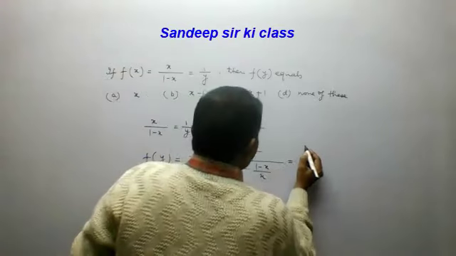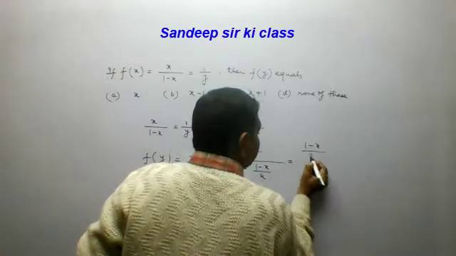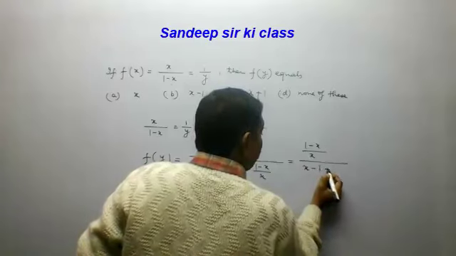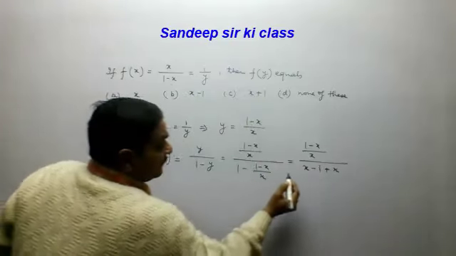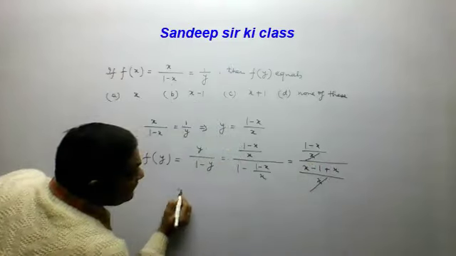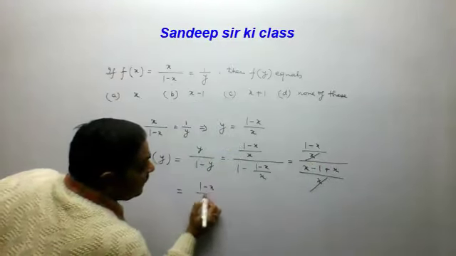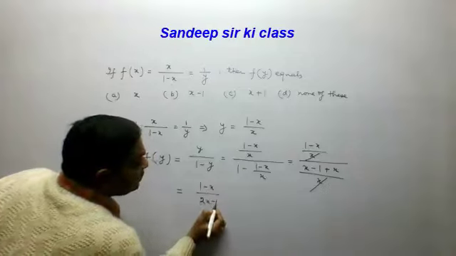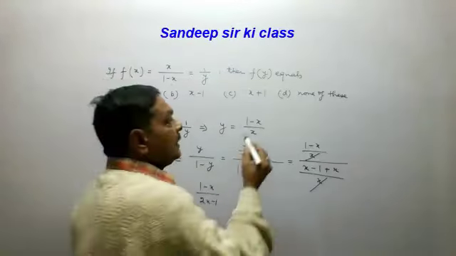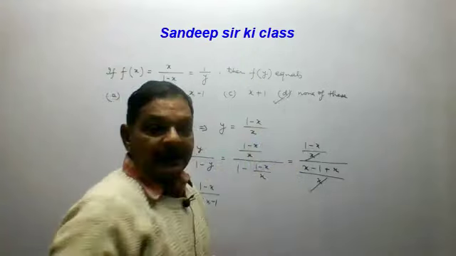Simplify this, ((1 minus x) upon x) upon ((x minus 1 plus x) upon x). x and x are cancelled. This gives us (1 minus x) upon (2x minus 1). So f(y) value is this, and hence here option D is the correct option.